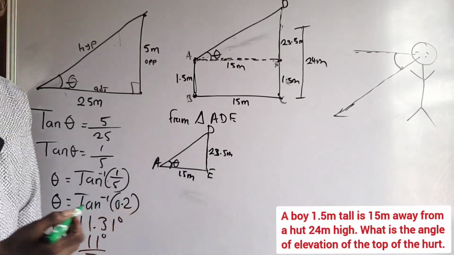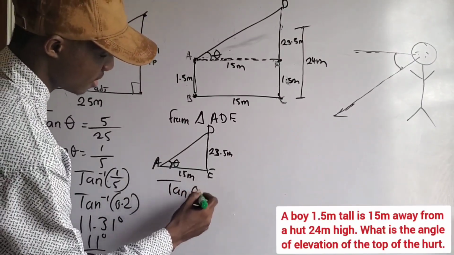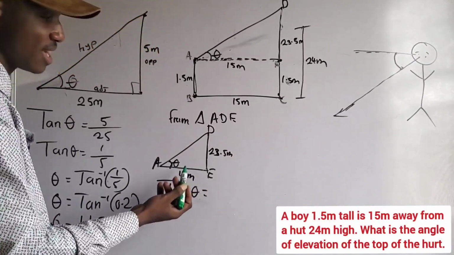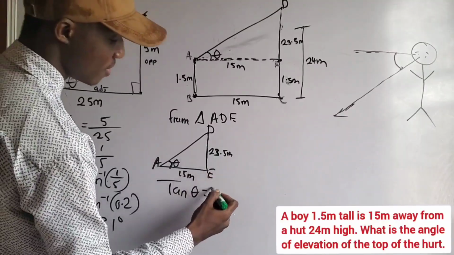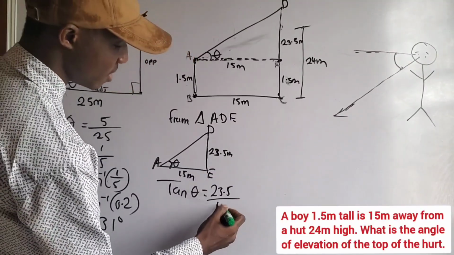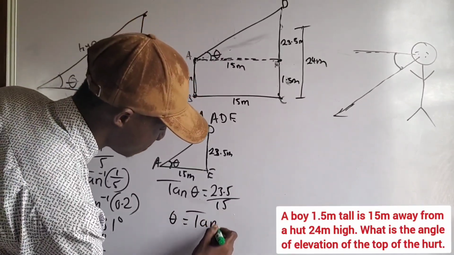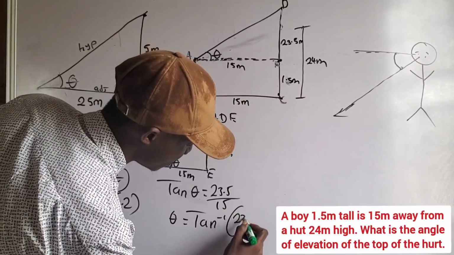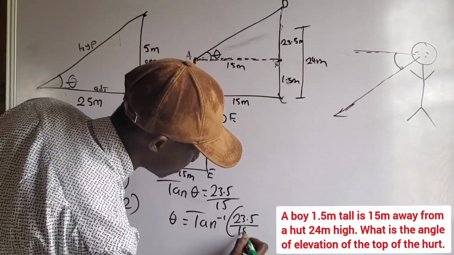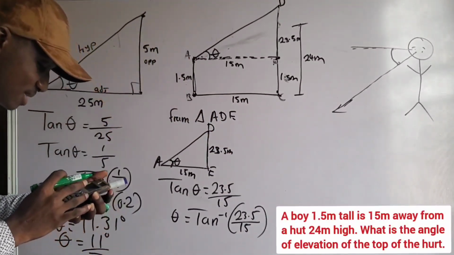We are still going to make use of the trigonometric ratio known as tan. So tan theta equals opposite over adjacent. The opposite here is what? 23.5. Opposite 23.5 all over adjacent, which is 15. So theta equals the tan inverse of 23.5 all over 15. Do you understand? Okay, that is 1.5667.